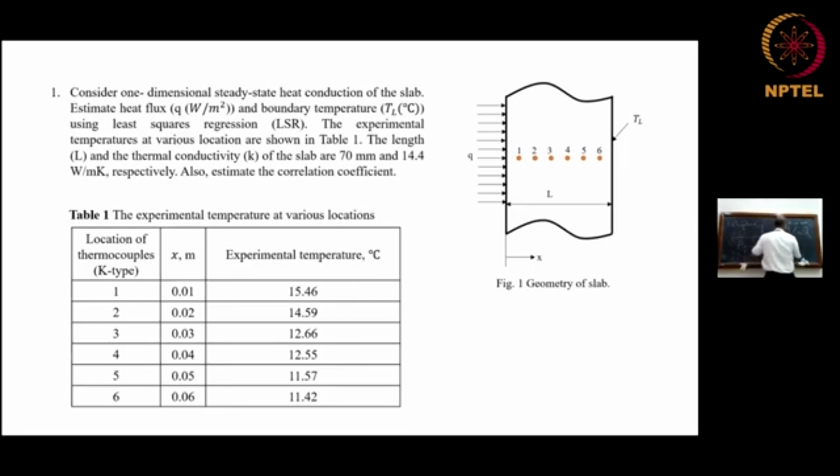Minus K dt by dx. Minus K into A, is also equal to, dt by dx is 1 by L. So minus K by L.